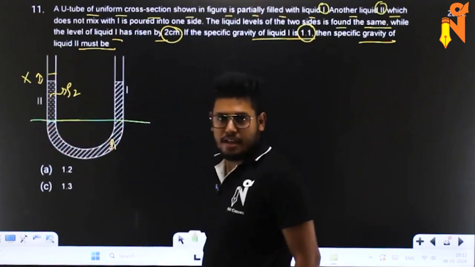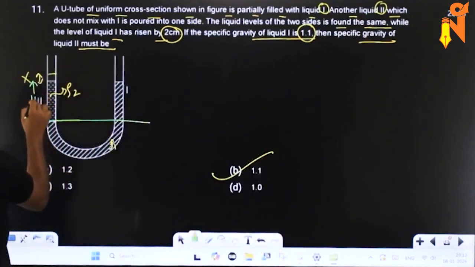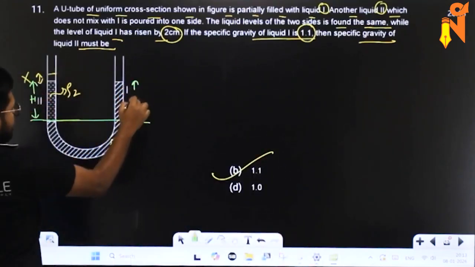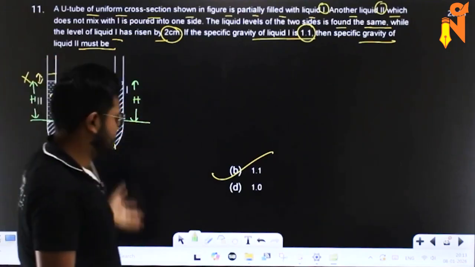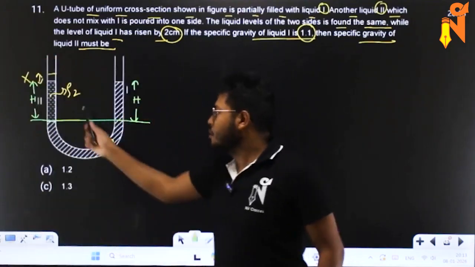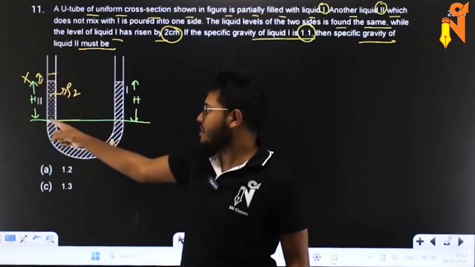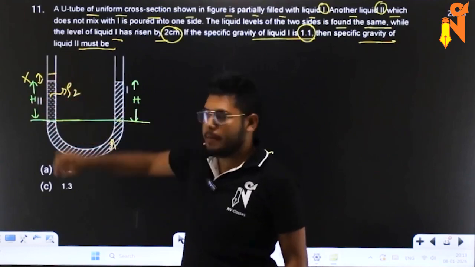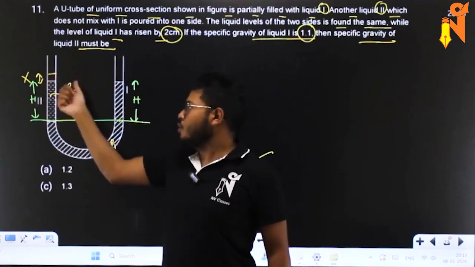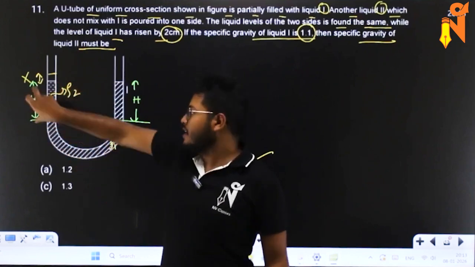Now you see, if I say this height is h, this height is also h, but this one is x extra, right? Now you write the expression for that. The pressure at this point is the same as the pressure at this point. So the weight of the upper column, which is density rho 2, area A, which will cancel out anyway, then h plus x.